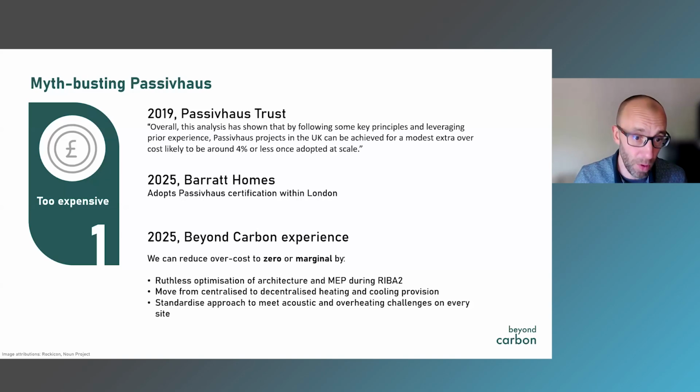Our general review of cost of apartment delivery in London is that it could be cost neutral or even lower cost than the equivalent London plan compliant apartments. Now, I realise that's a niche. London is its own unique market, but I think the lessons we've learned there would apply more broadly as well. So I think we at Beyond Carbon are confident that overcost on high density housing can be zero if optimizations are ruthless.